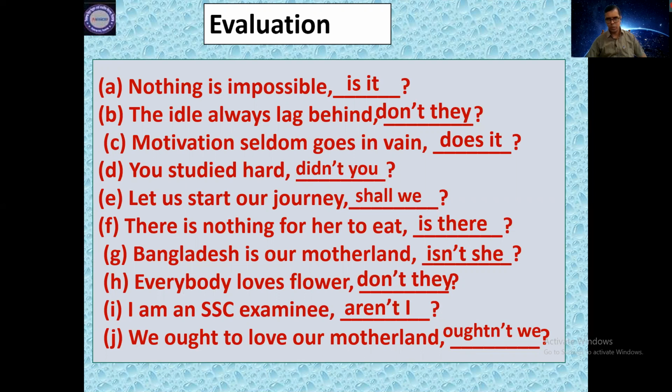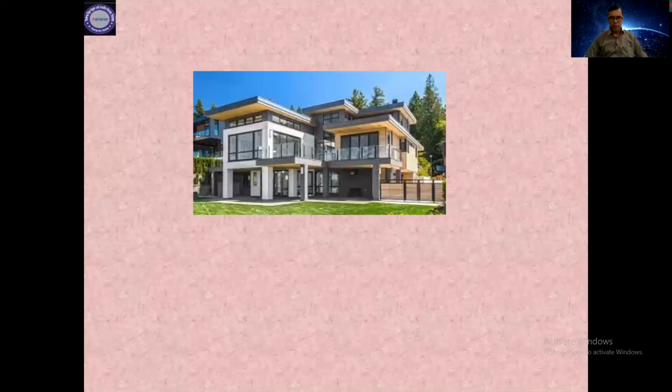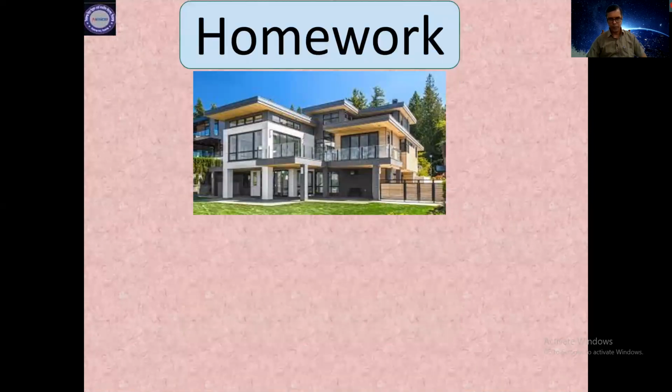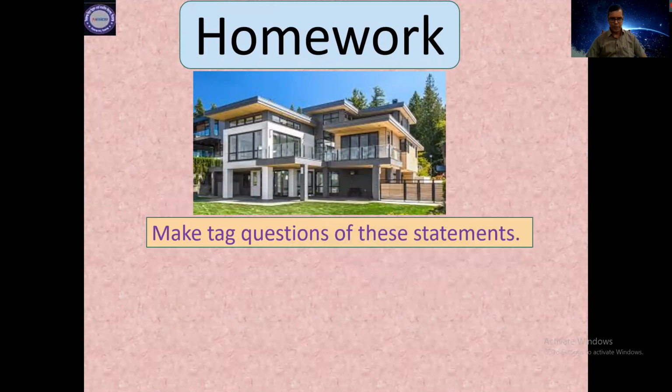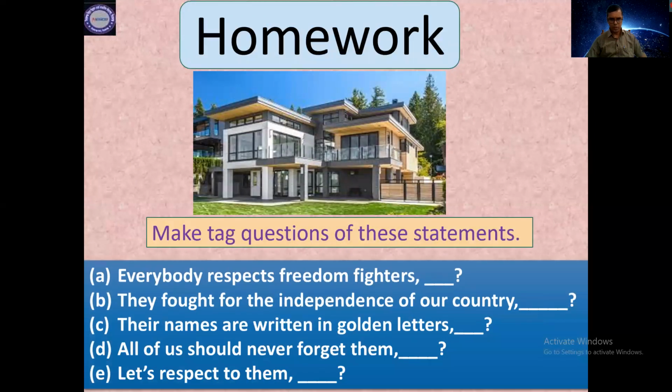So, dear student, you have cleared your questions, and I am going to give you homework. Make tag questions of these statements. Number A: everybody respects freedom fighters. They fought for the independence of our country.